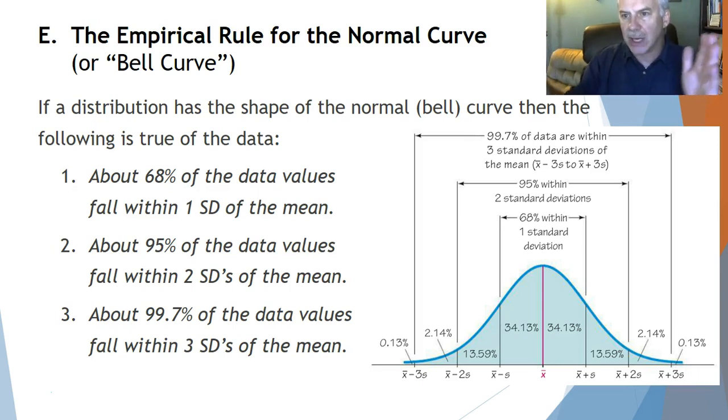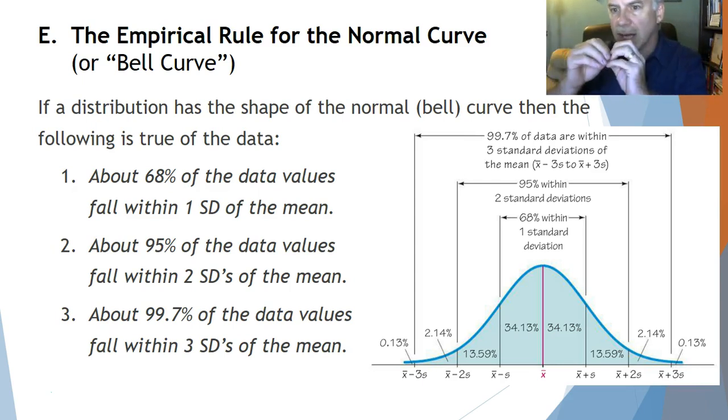And then the third rule says that if you go 3 standard deviations up or down from the mean, that will enclose 99.7% of the scores. So almost all of the scores are within 3 standard deviations of the mean. All right, so I hope that's clear. Only 0.3% of scores are outside of 3 standard deviations from the mean, either down or up.